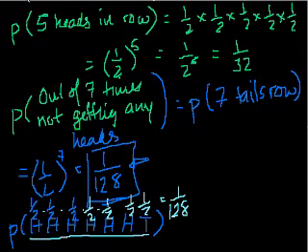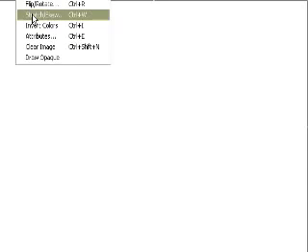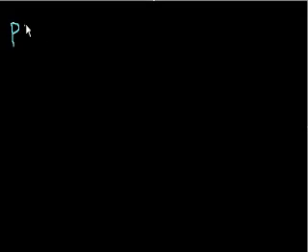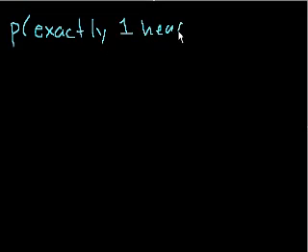So let me ask you a question. What's the probability of getting exactly 1 heads? So what does this mean? This means I could get tails, tails, tails, and let's say we're doing it 5 times, just so I don't waste too much time.